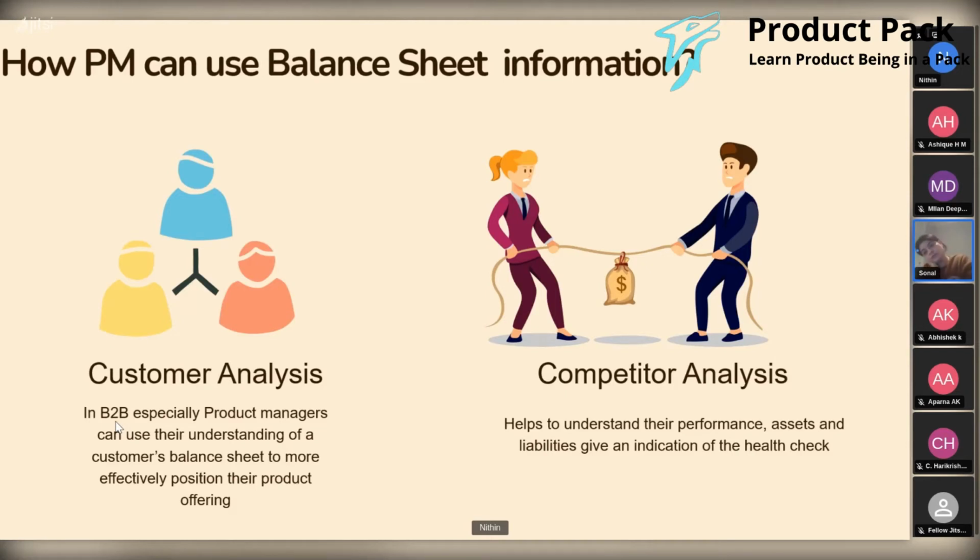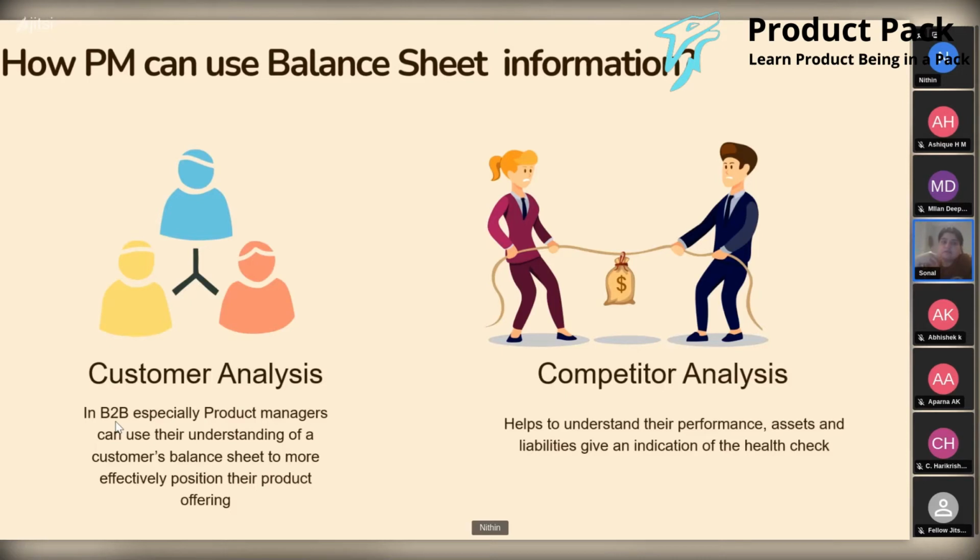This may sound like sales, but for a B2B product manager, sales is also a big component. You work heavily with the sales team because those are the big deals that are happening. This is where you're getting the customer.